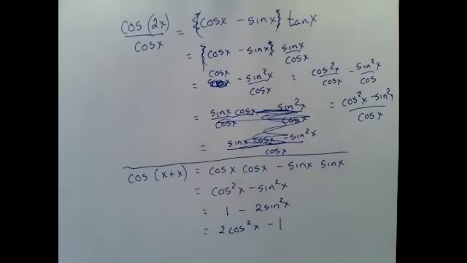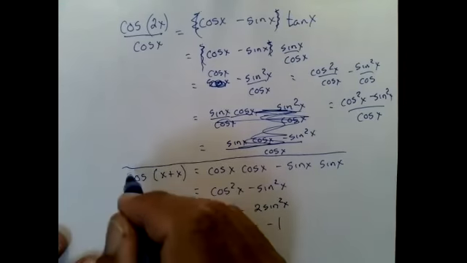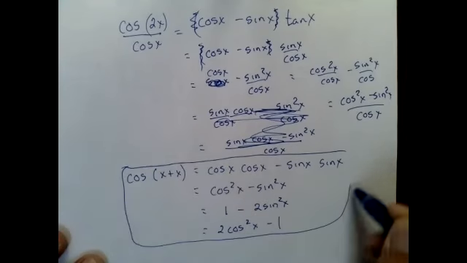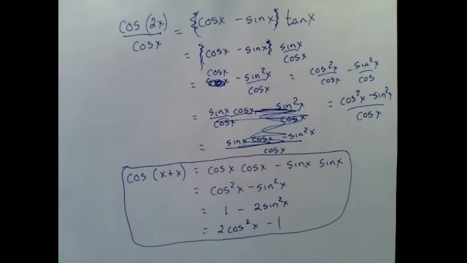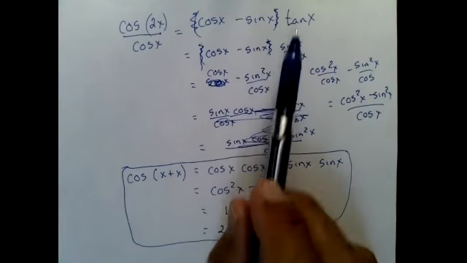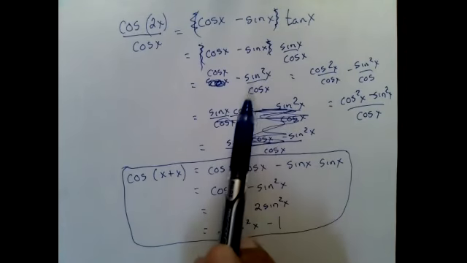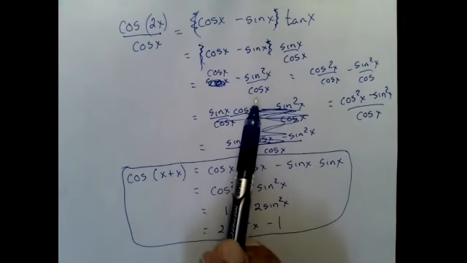I forgot to turn the recording on. This was good stuff down here for me. We took care of the right side, changed tangent to sine and cosine, which made that sine squared over cosine squared.